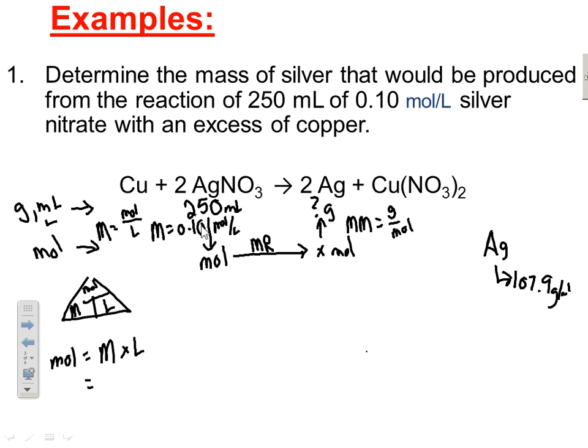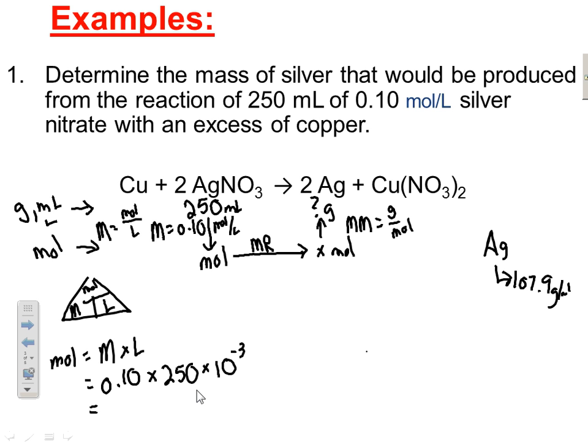The molarity, there's my concentration, 0.10 times, and now I need liters, 250, and remember, we can easily turn that into liters by using the prefix for milli, minus 3. So 0.10 times 250, EE or EXP negative 3.